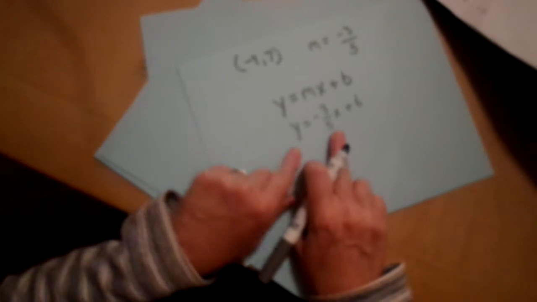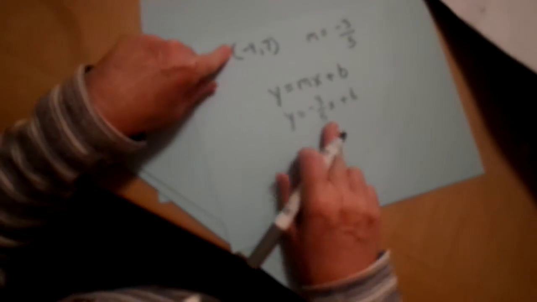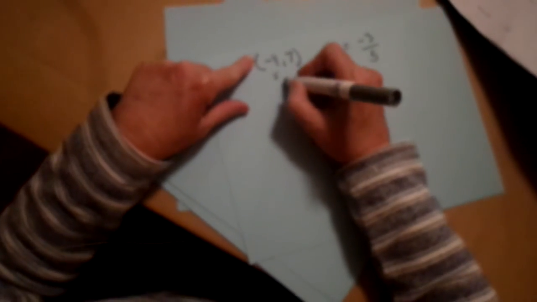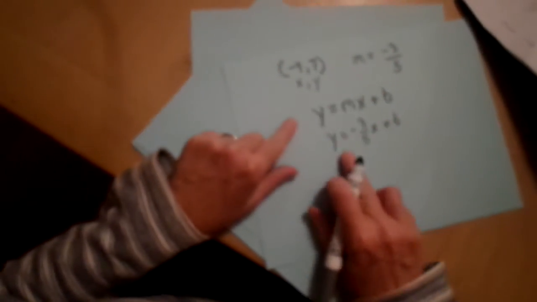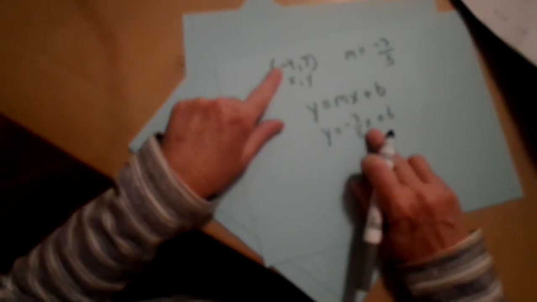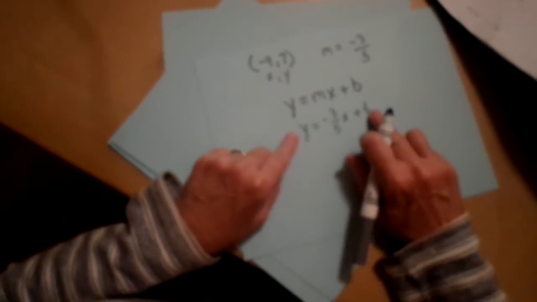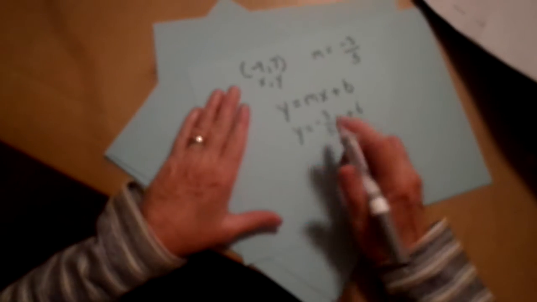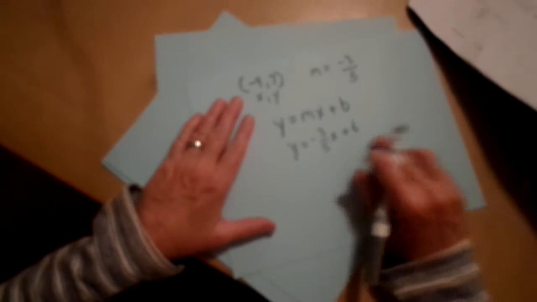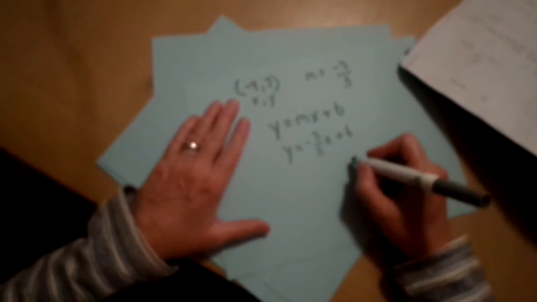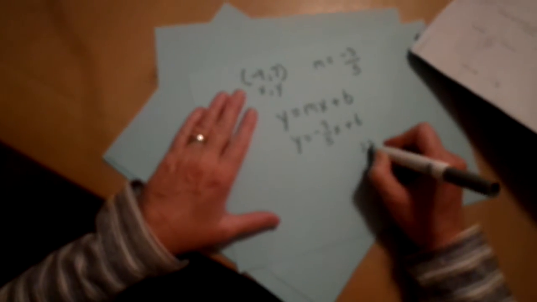And then we do it just like the other problem. We take -4 as our x and 7 as our y. You plug -4 in for x, you plug 7 in for y, and finish the algebra, which I'm going to let you do on your own. When you finish up the algebra, you end up with b equals 23/5.